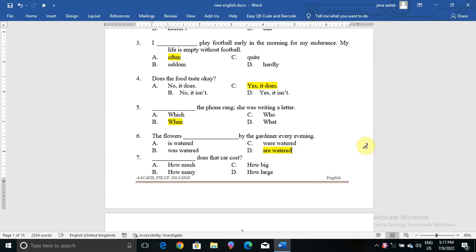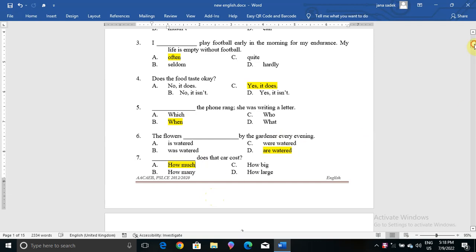We can't count the money, but we can count the currency of the money. Now money is uncountable, so the correct answer is how much. How much does that car cost? So the correct answer for question number 7 is A, how much.